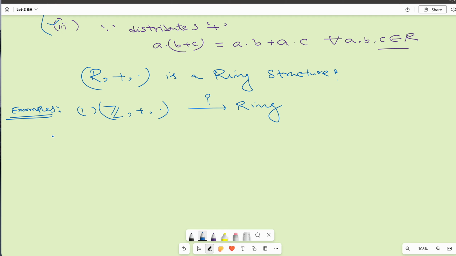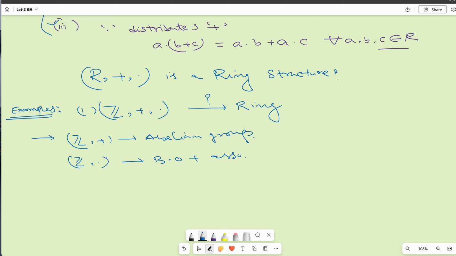So for that, the first property says Z plus is an abelian group. Everyone knows an abelian group, right? And Z with respect to dot is a binary operation, plus associative, of course, because R is associative.